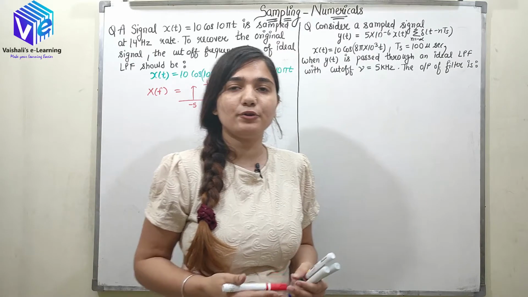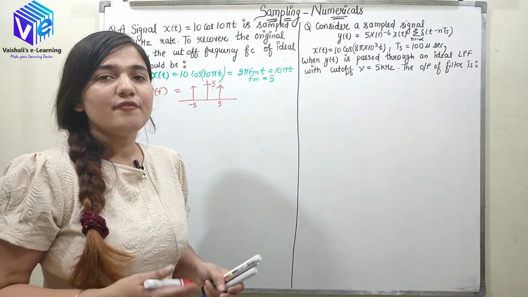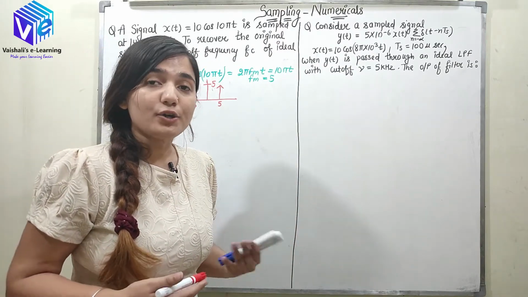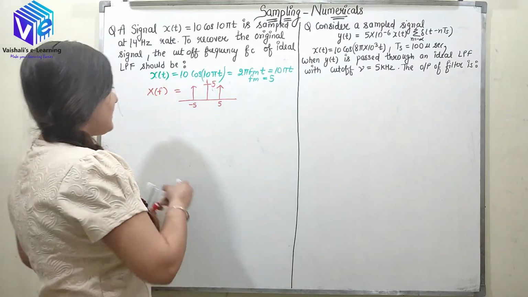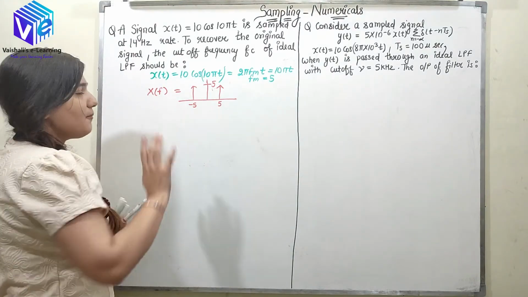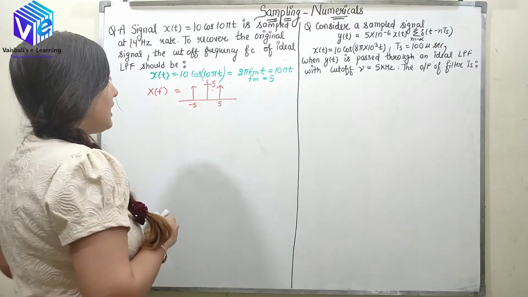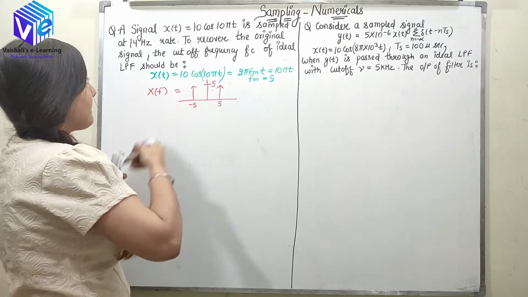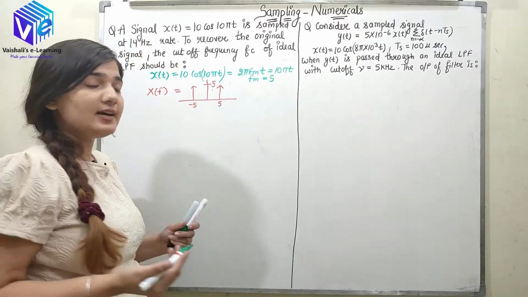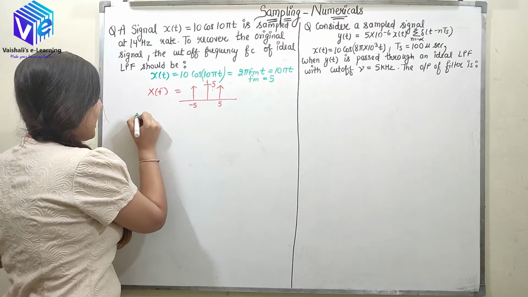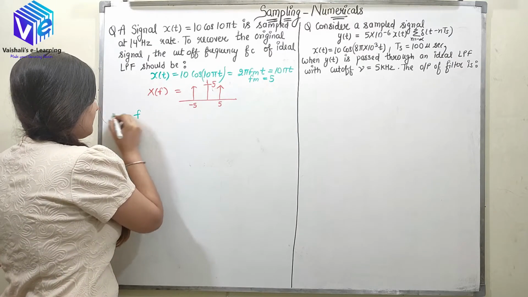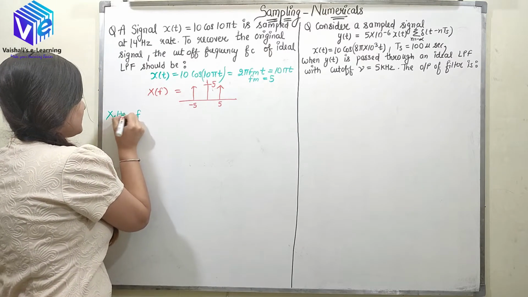We have been talking about the Fourier transform of cosine for the last many videos. So this is the Fourier transform X(f). Now if I want to sample this signal at 14 Hz, the sampled output can be represented as xs(t).